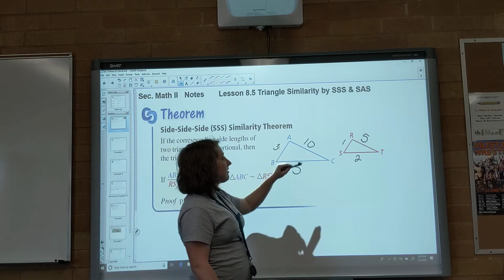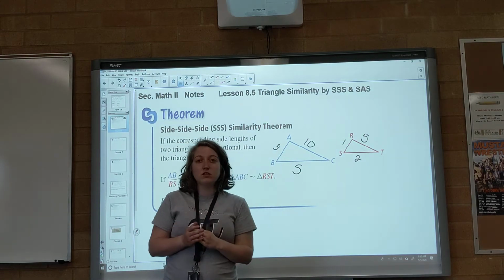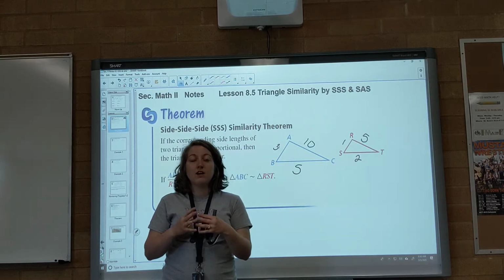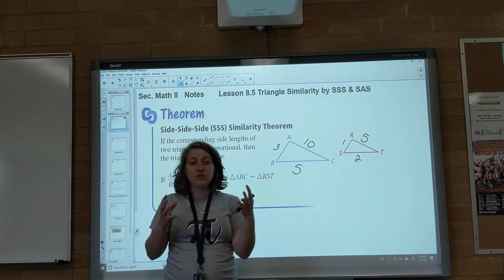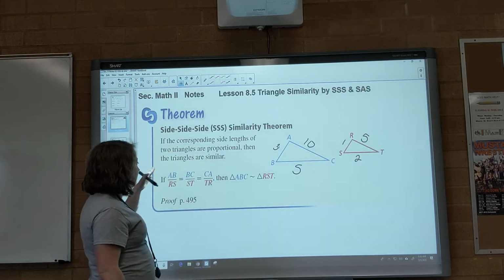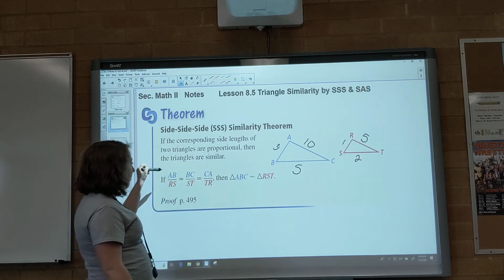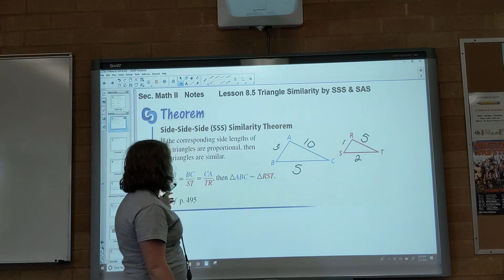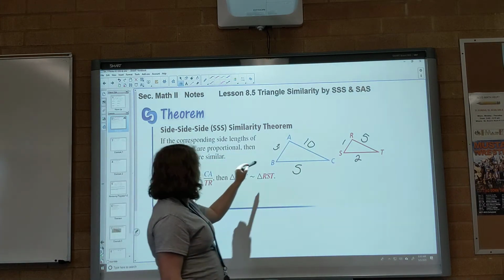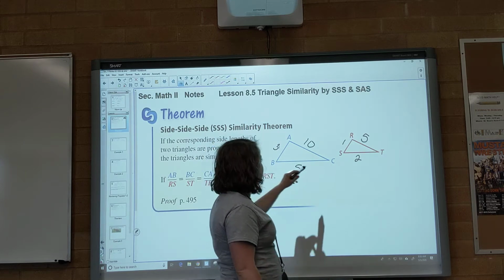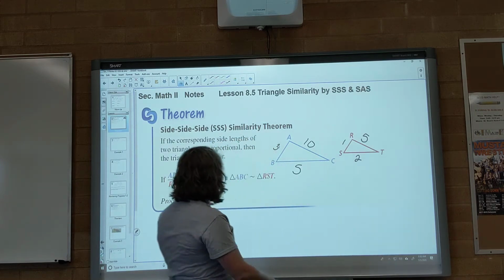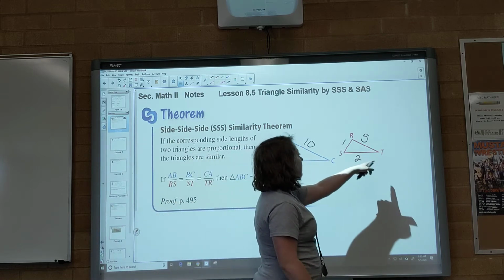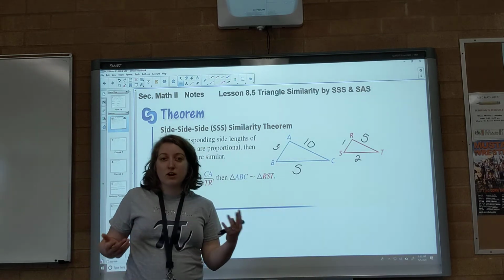So if I have all the sides labeled, what I have to do to figure out if they are similar is I have to find the proportions of each of the sides that go together. So as you can see right here, it says AB over RS. So if AB over RS matches BC over ST, so if those two are the same, and it's also the same as CA over TR, that means that the triangles are similar.